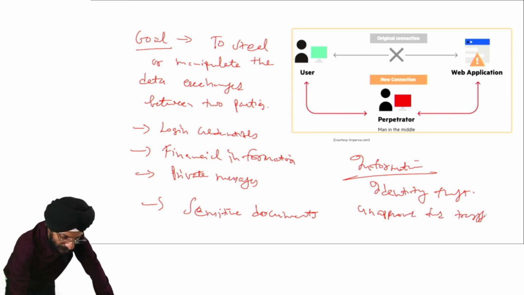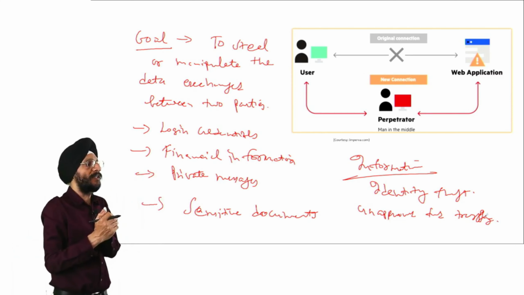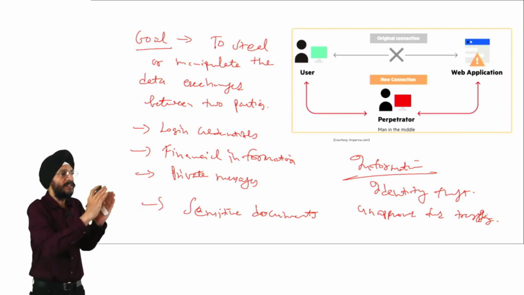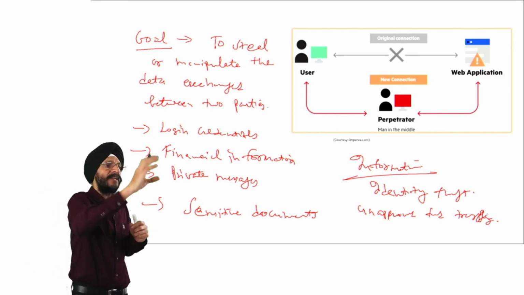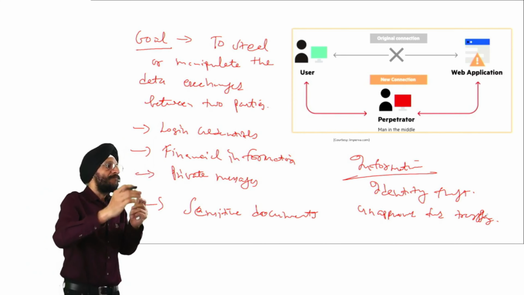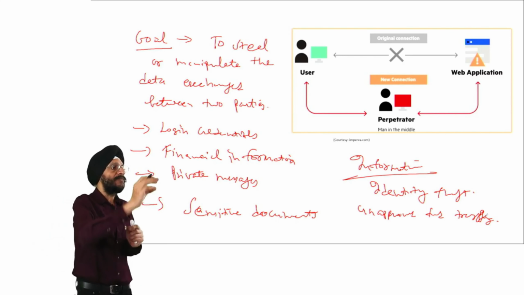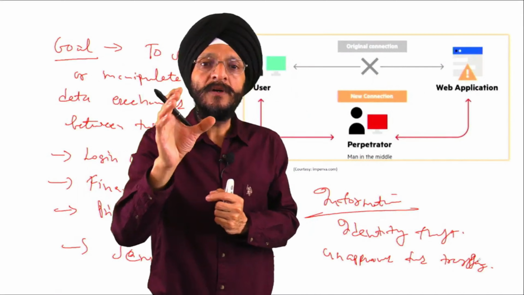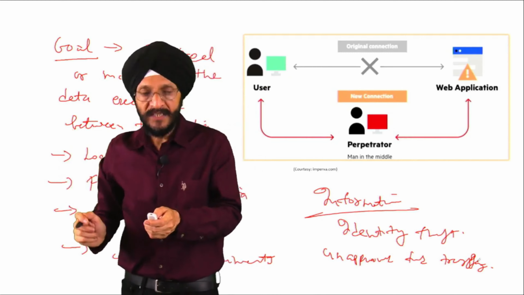It may be possible that when the communication is taking place between the two parties, that the user is to send certain money in this bank account, the man in the middle or the hacker may implant or plant his own bank account details so that the funds are transferred to his account.